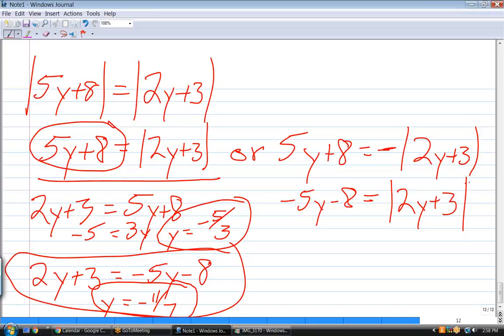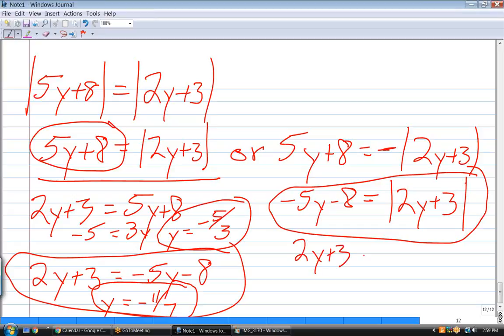Okay? Now you can solve this like every other problem we've been doing. In other words, this is going to give you an either or. Either 2y plus 3, and it's not even an either or, it's an and. It's not even an or. Well, I guess it's an or. But so I'm going to be able to say 2y plus 3 equals minus 5 minus 8.